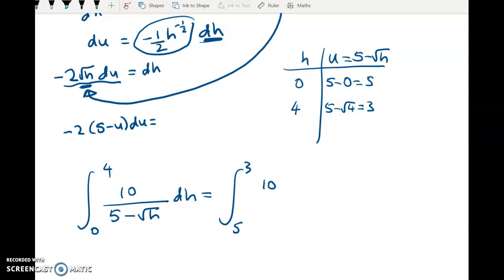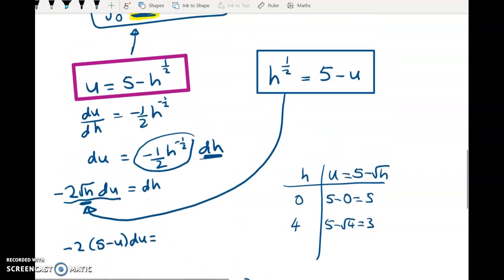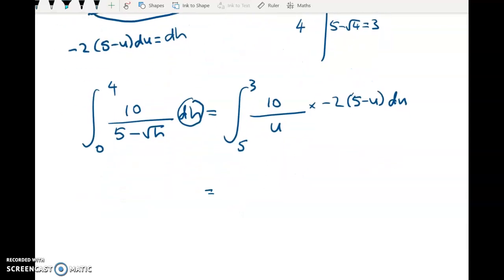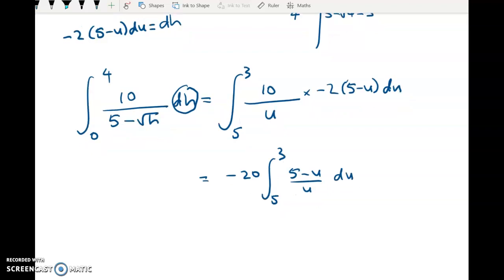And then I've got 10 sitting here, and instead of 5 minus h, we've got u, and instead of dh, we've got negative 2 times 5 minus u du. That gives me negative 20 out here times the integral of 5 minus u over u du.